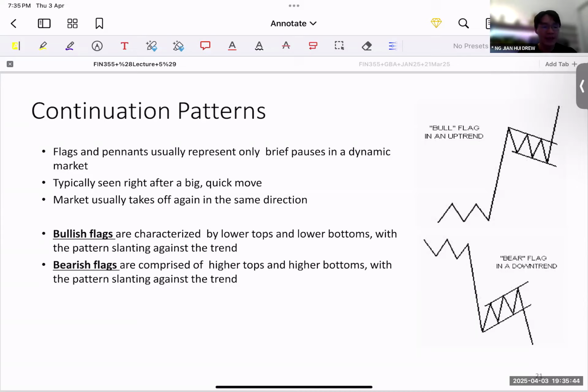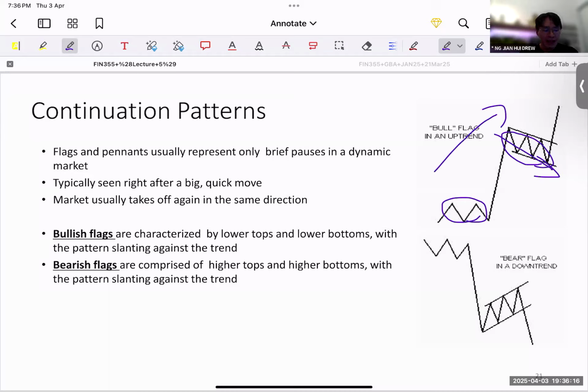A bullish flag is characterized by a lower top, so here is the lower top and the lower bottom. Can you see that it is tilting downwards, which goes against the trend, even though the general trend is an upwards trend.